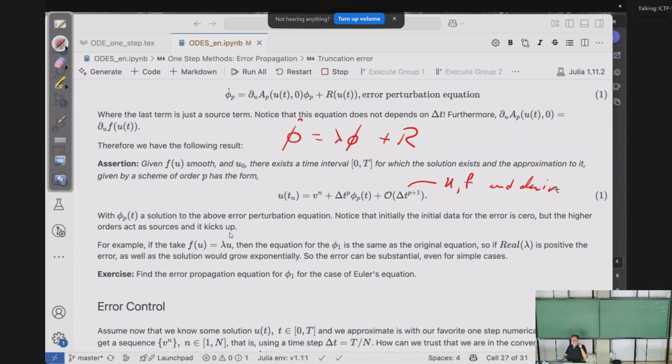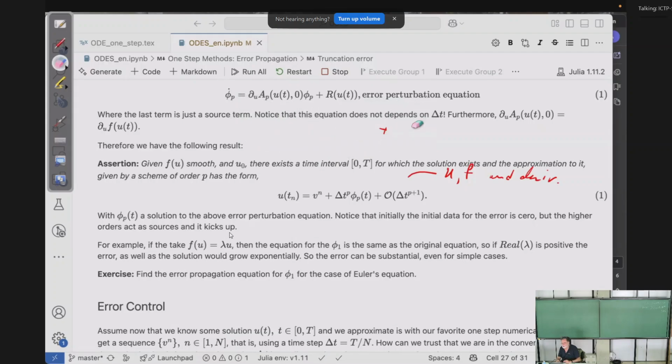Many times what you do is study solutions near some known solution. When you do that, then this controls everything. But in general, if you say, I want to solve, who knows? But there is a way of controlling the error, we'll see now, and that is something we use every day.